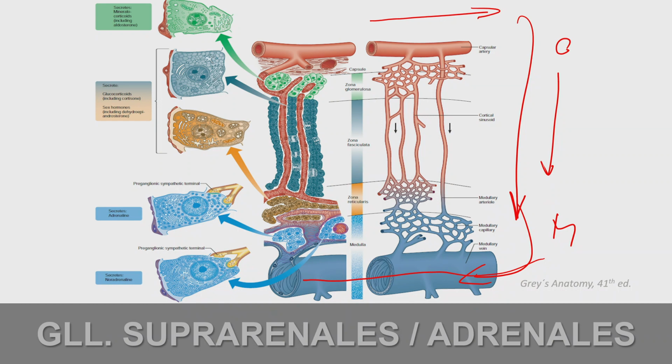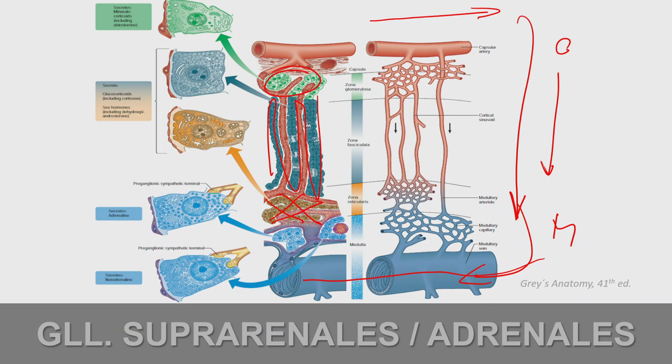And we have several zones. Zona glomerulosa, fasciculata, and reticularis. Glomerular zone is producing aldosterone, a mineralocorticoid.